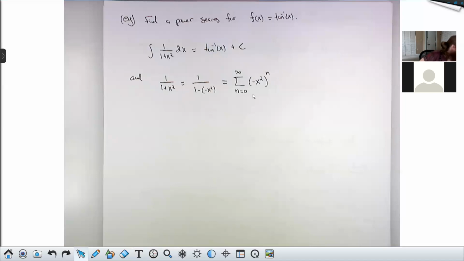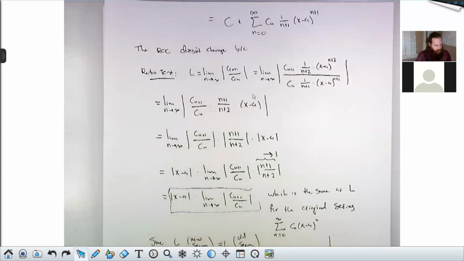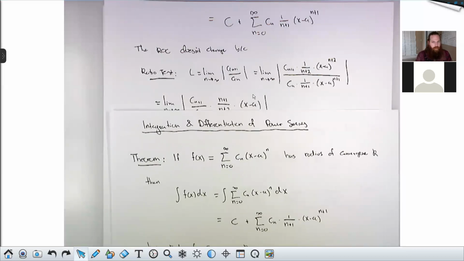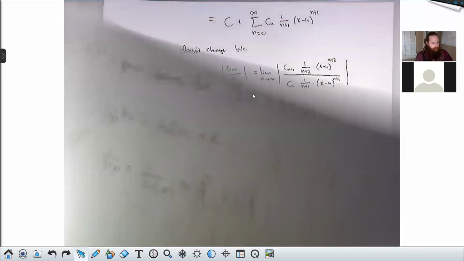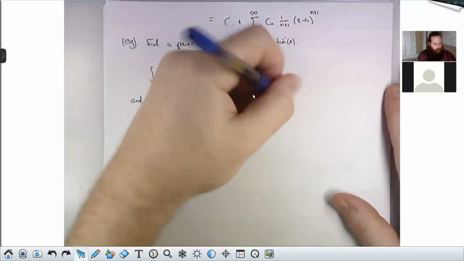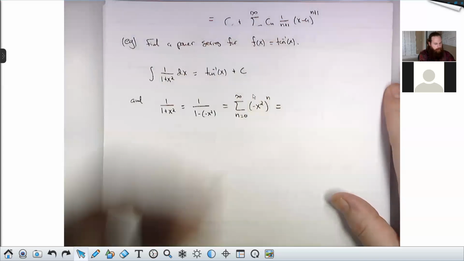But before I can integrate this series, I need to write it in the form that matches my theorem. So I need to write it in the c_n (x minus a)^n format. Right now it doesn't look like that. So first you must simplify your series before you can integrate or differentiate.